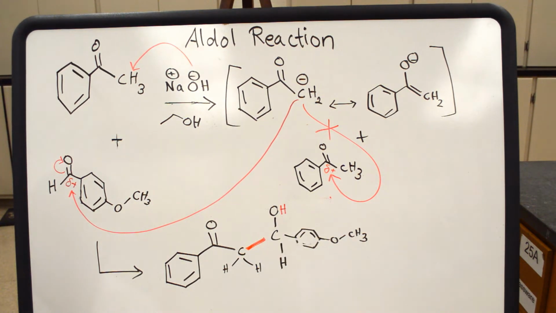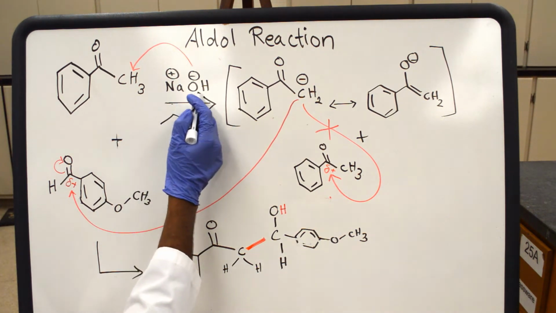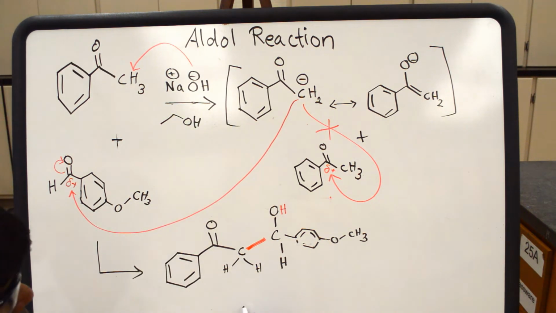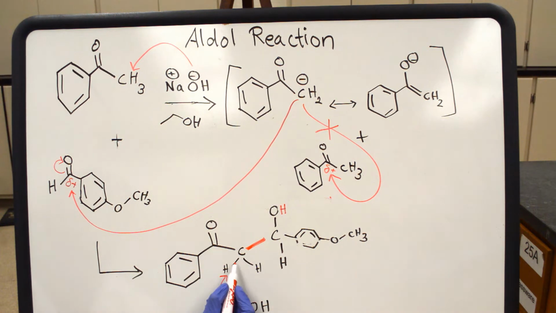Right. Now after this, the condensation will occur. Right? The condensation will be initiated by the excess of sodium hydroxide that you added. The NaOH will deprotonate the hydrogen from here, the alpha carbon hydrogen.